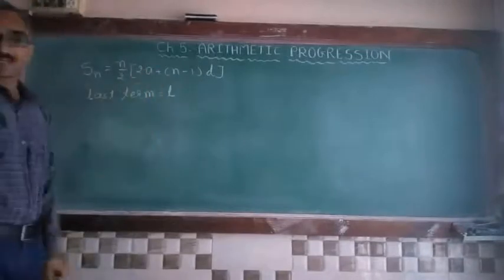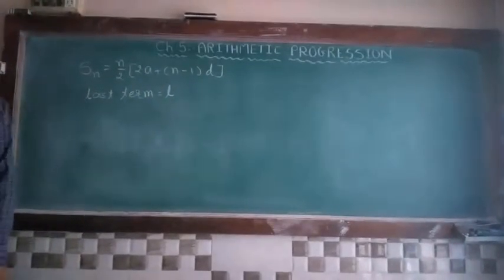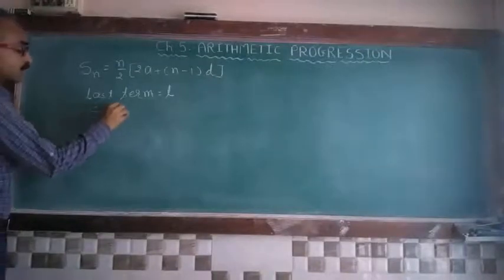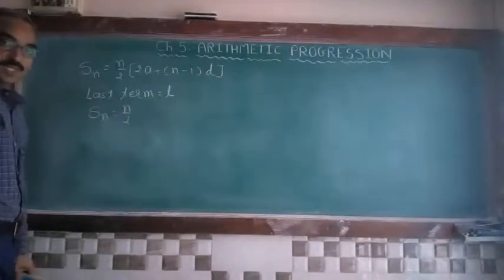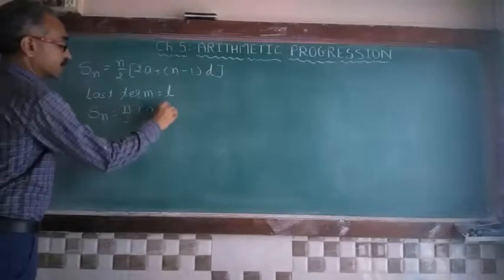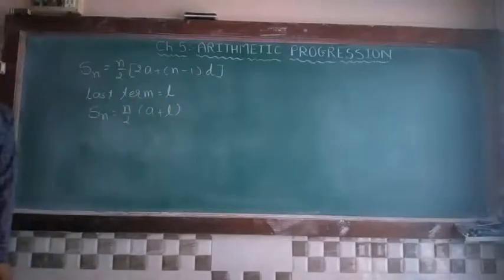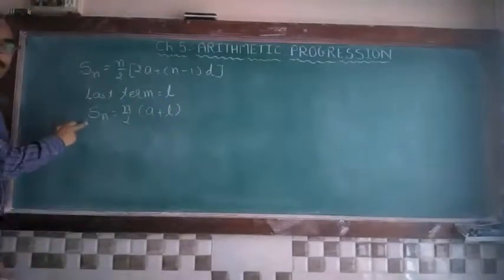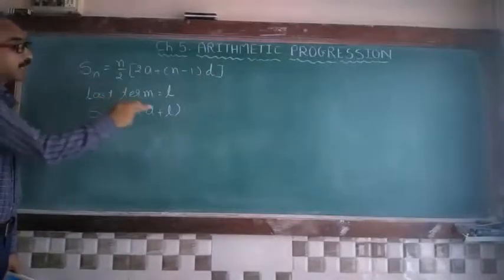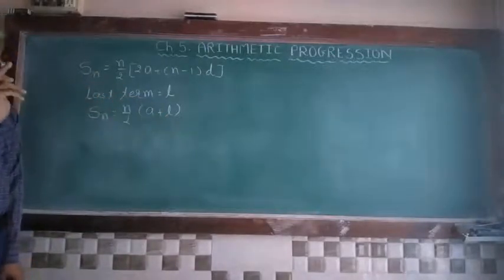So, we have to write the formula Sn is equal to n by 2 into a plus L. So, we can find out the sum of the n terms where last term is given to you.